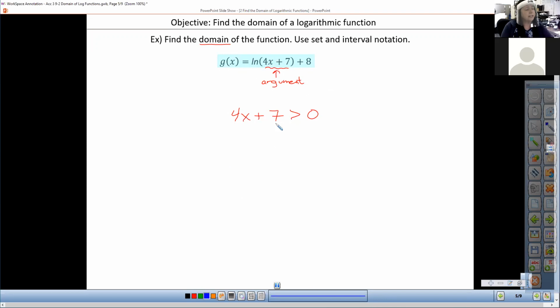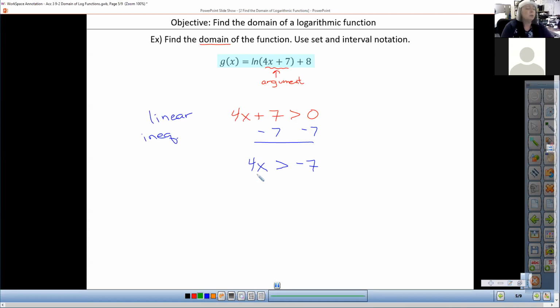Now, 4x plus 7 is again linear because x is to the first power. So I'm again going to use my basic undoing algebra, reverse order of operations. This one I would probably only do one way, so I'm just going to go ahead and do it that way. So I'm going to subtract 7, undoing that addition first. Subtraction and addition never change the direction of the symbol, so it's still greater than.